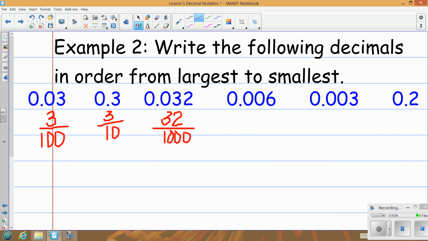Then we have 6 is in the thousandths place. And 3 is in the thousandths place. And 2 is in the tenths place.